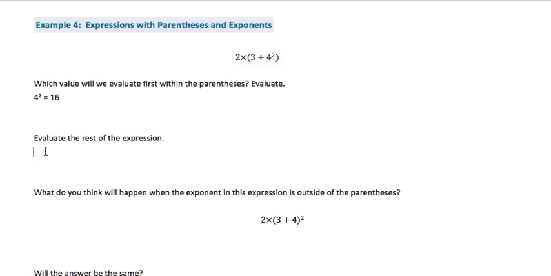Then we'll evaluate the rest of the expression. What we have right now is 2 times 3 times 16. And 3 times 16 is 48. 2 times 48 is 96.